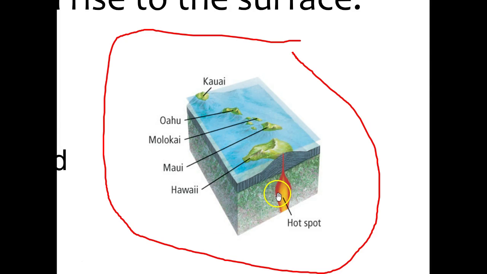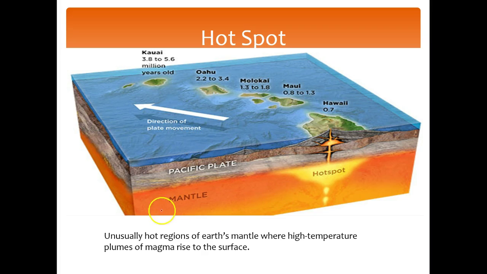Now in the next slide, you're going to see this a little bit more clearly. The plate is moving in this direction of the arrow. So as plate tectonics continues to occur, this lithospheric plate is moving in this direction. We're going to call that a northwest direction.